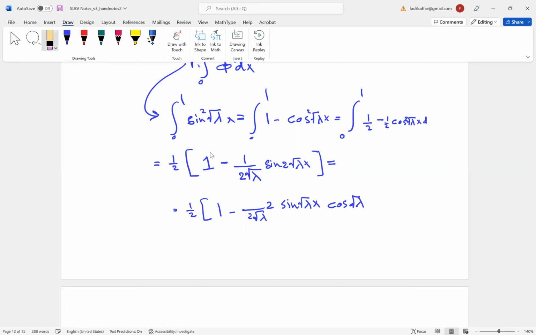And I do not really need to write the x because I already substituted the value of x by 1 here, so there's no x here really.